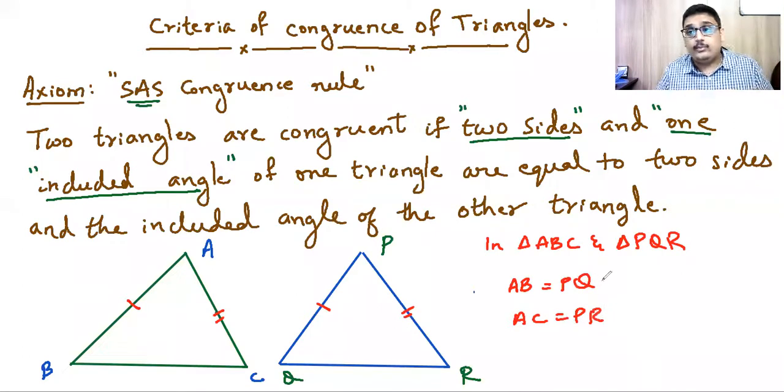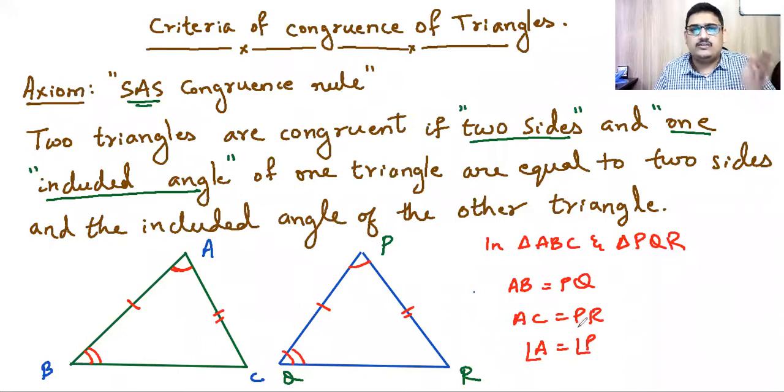The meaning of included angle is that we must consider this angle only. These two angles should be equal. That means angle A should be equal to angle P. Supposedly in your question they said angle B is equal to angle Q. They gave AB equal to PQ, AC equal to PR, angle B equal to angle Q. Then remember students, we cannot consider the SAS congruence rule.